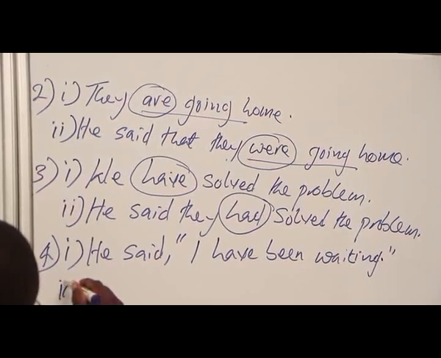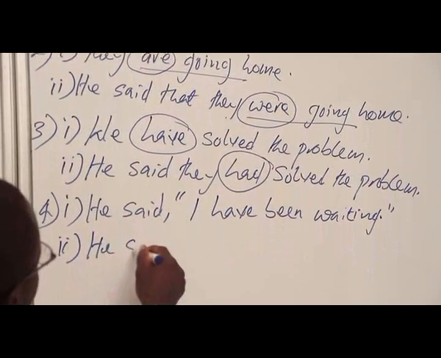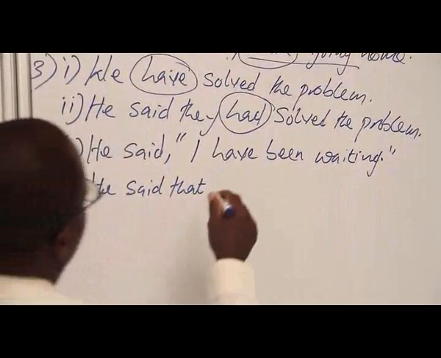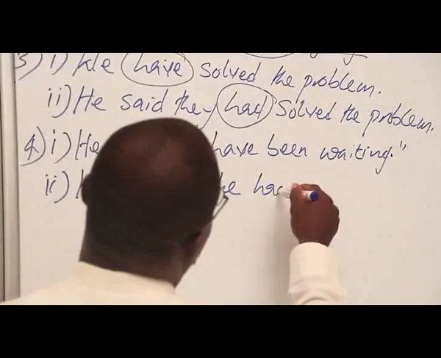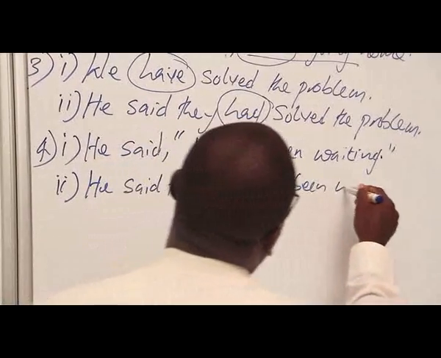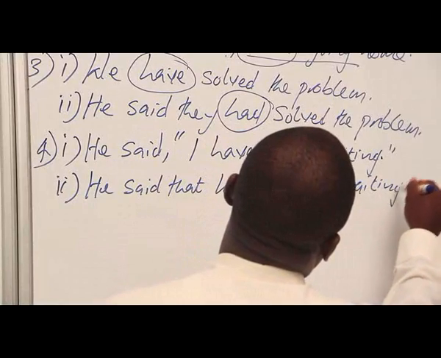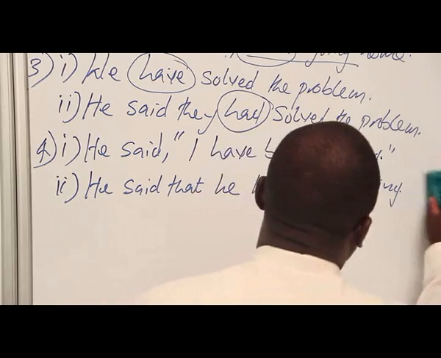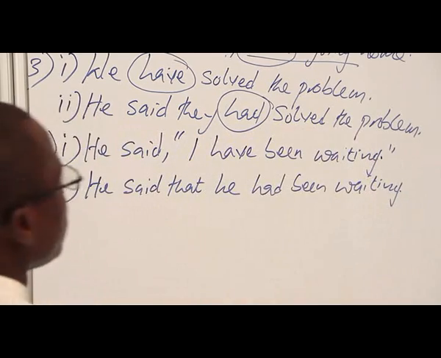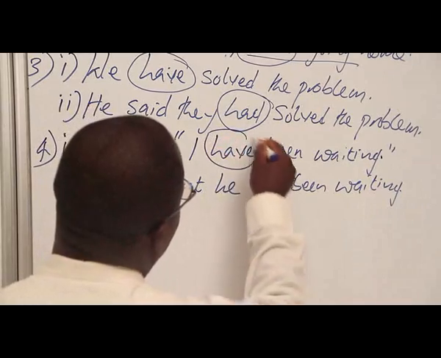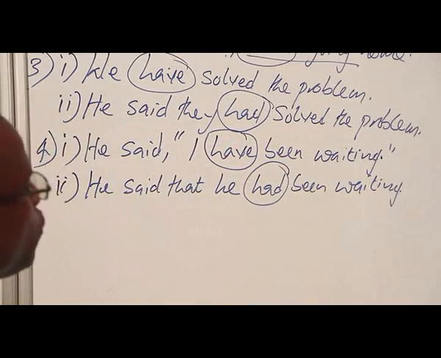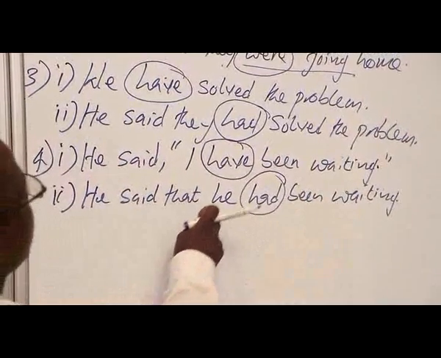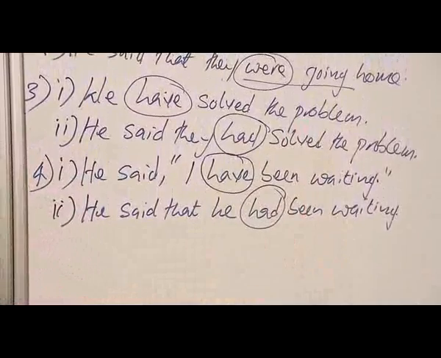Then 2, we will not have quotation marks, he said that he had been waiting. So, sorry, we don't have any quotation marks in the direct one. So again, we'll simply have a change from have to had. All other things will remain the same, because what we'll have here is the present perfect continuous, while here will be the past perfect continuous tense.